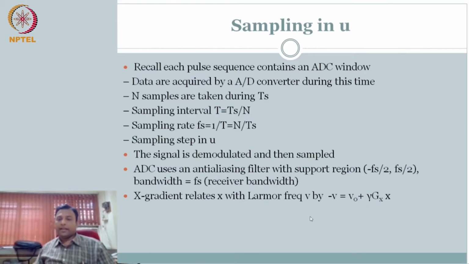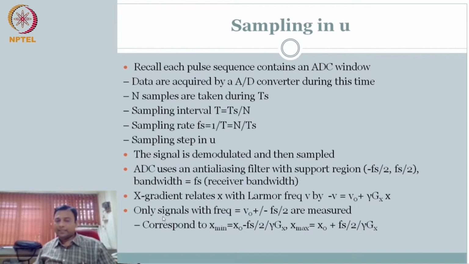So you can already recognize only signals which are within this bandwidth, the receiver bandwidth. In some sense, the gradient in field strength dictates the frequency range. The frequency range and the sampling of it should dictate your X direction. So only signals with frequency within this are measured.